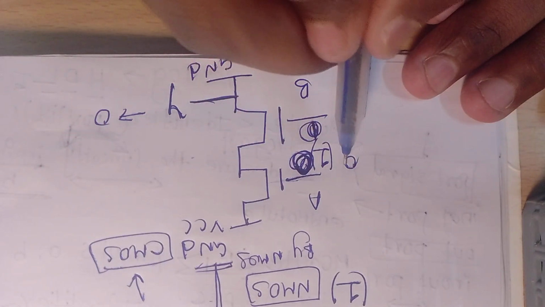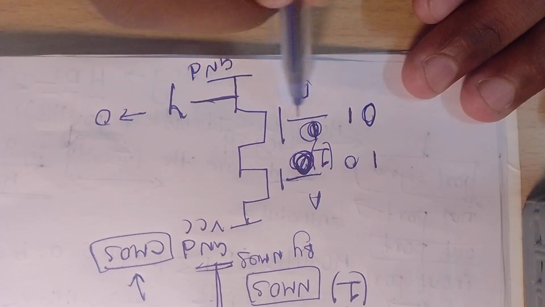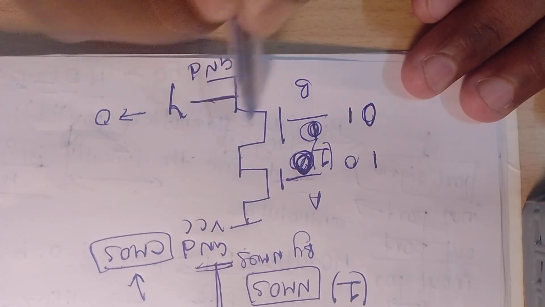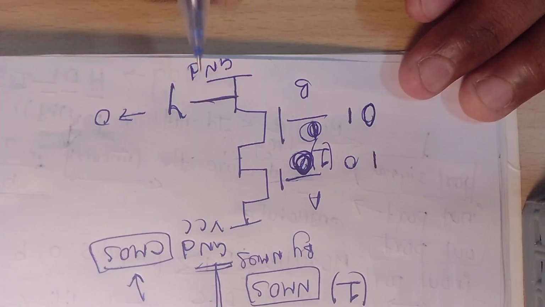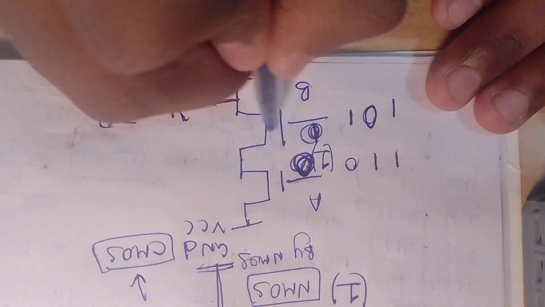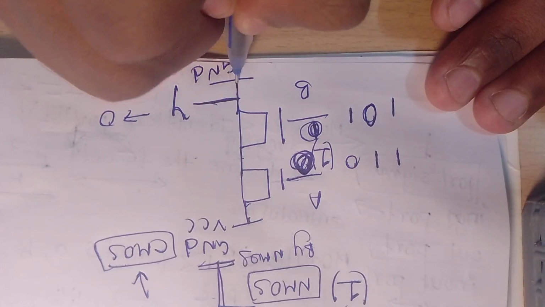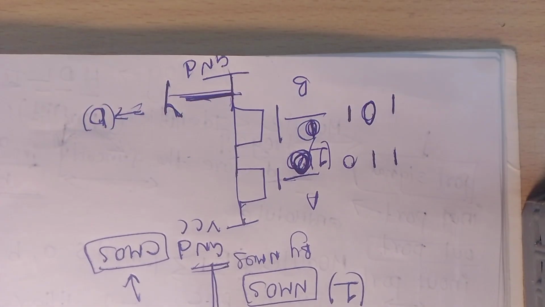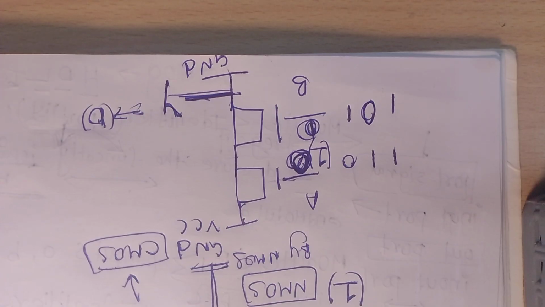Now I am providing 1 0, but one is disabled. Up to here you will get the VCC, but after that you cannot, because this is disabled, so it is still 0. Whenever you provide 1 1, the connection will be established and it will drive the output, so Y equals 1. In this way we can design the AND gate also by using NMOS.